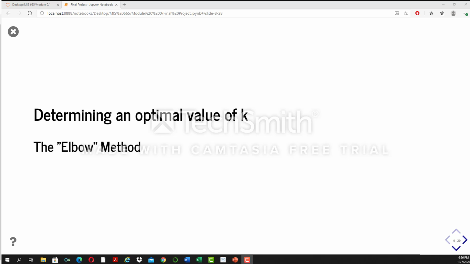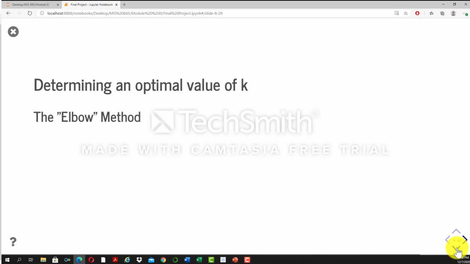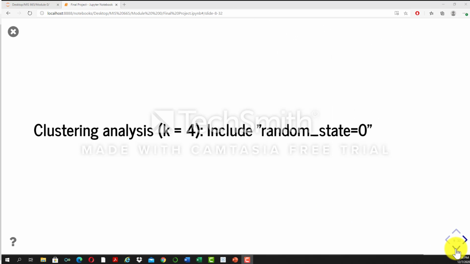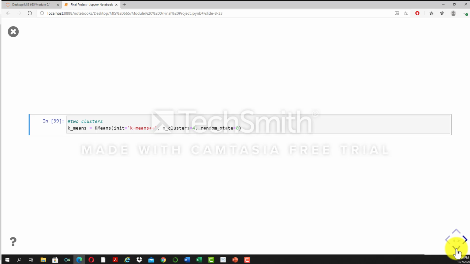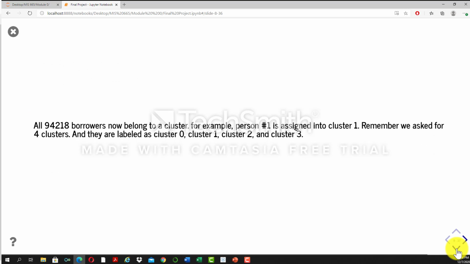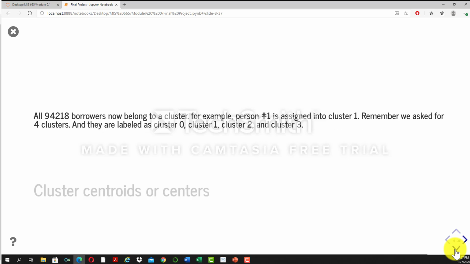To determine the optimal K value, we use the elbow method, and we have 4 to be our optimal K value. Using 4 as our optimal K value, we go ahead to do our cluster analysis, and we move on. We have 4 clusters: cluster 0, cluster 1, cluster 2, and cluster 3.